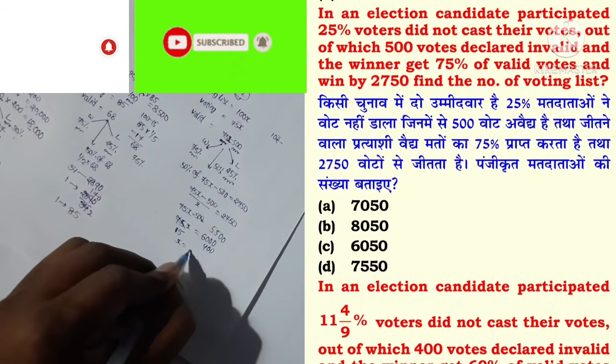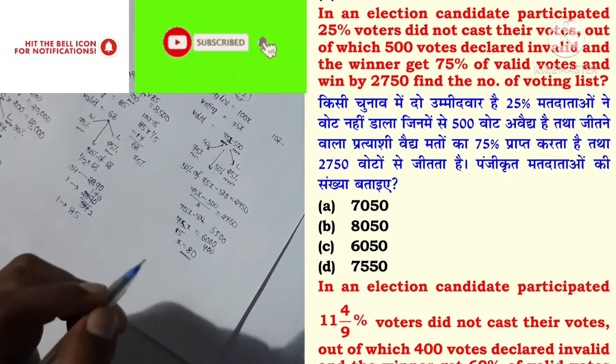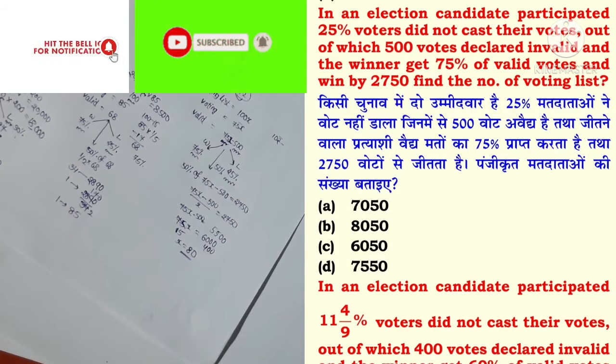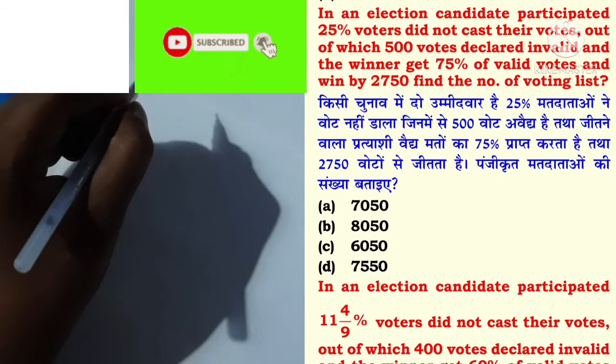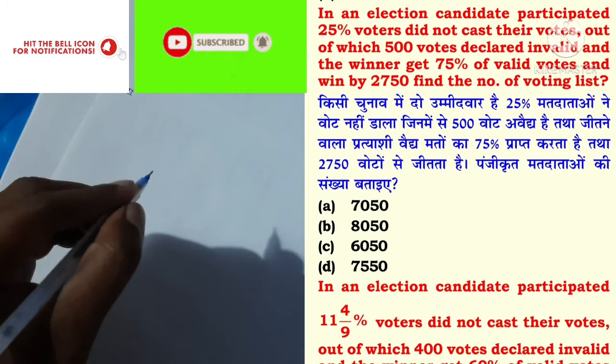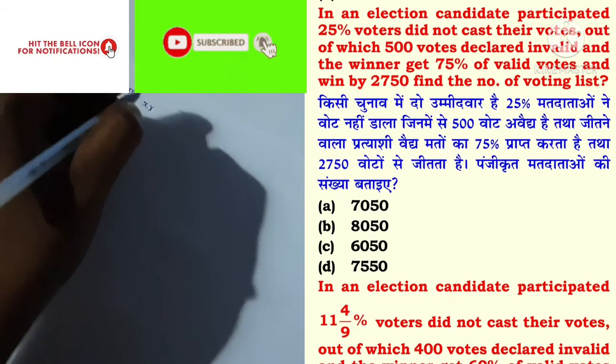So x value is 80. So x is the voting list.